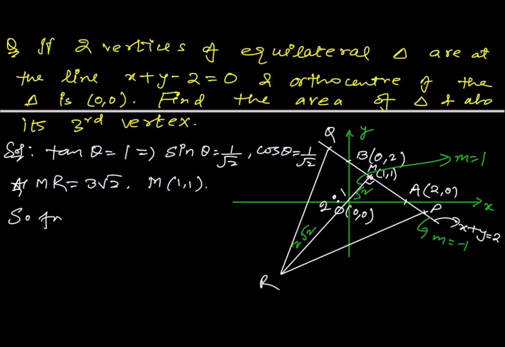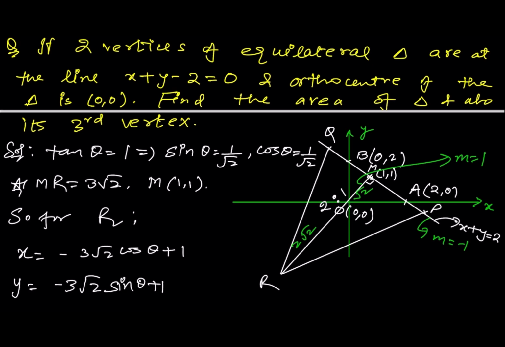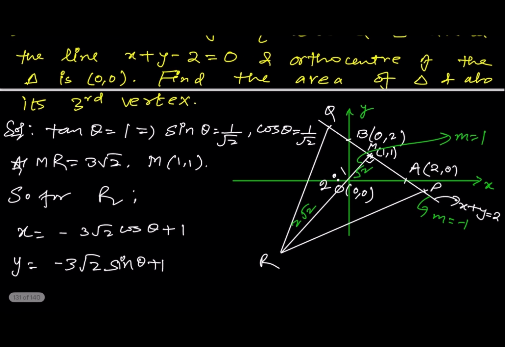So for R, x is equal to -3 root 2 cos theta + 1, and y is equal to -3 root 2 sin theta + 1. Why did I take minus 3 root 2, not 3 root 2?